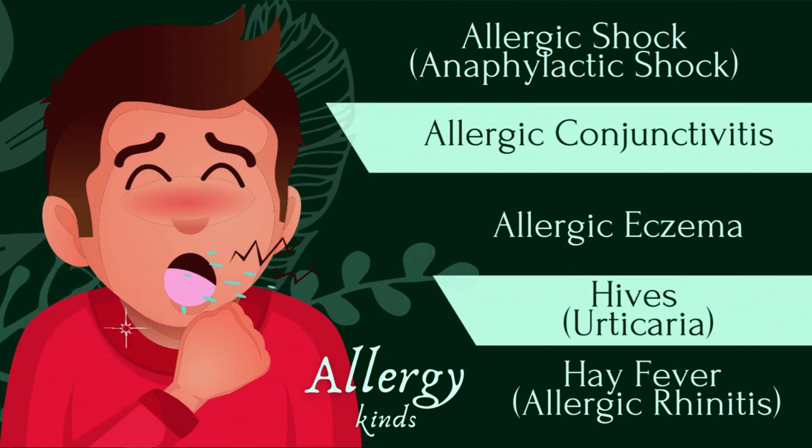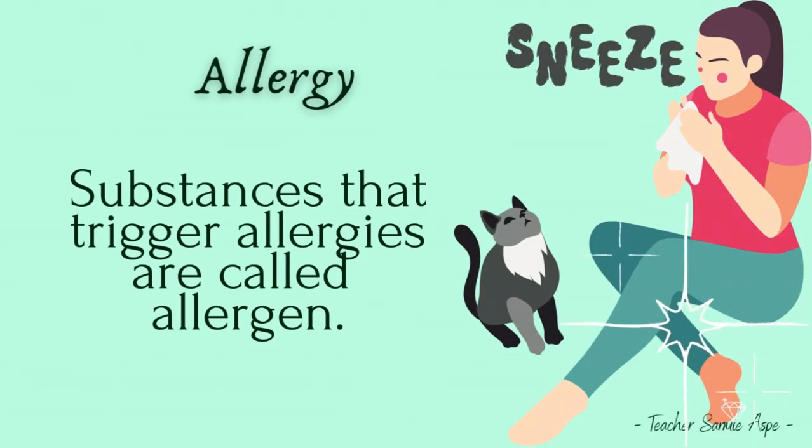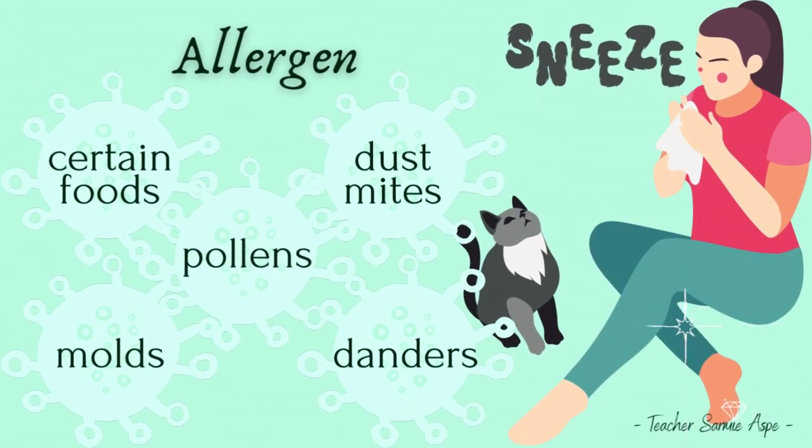Here are the different kinds of allergies. The substances that trigger allergies are called allergens. Allergens could be coming from certain foods, dust mites, pollens, molds, and danders.